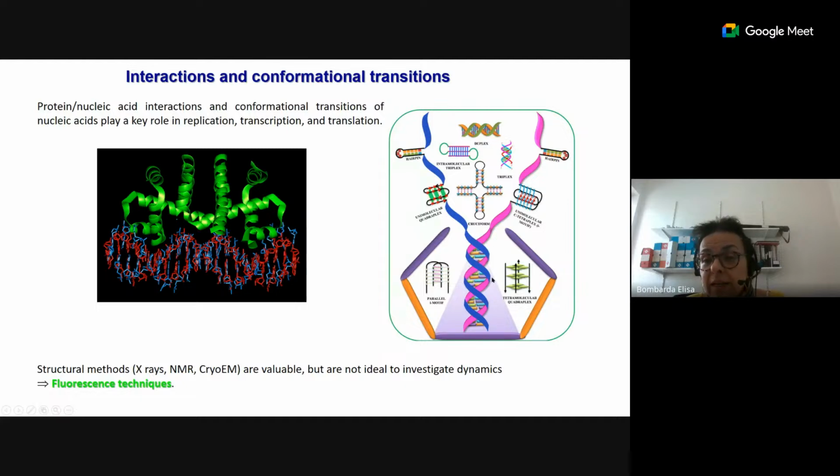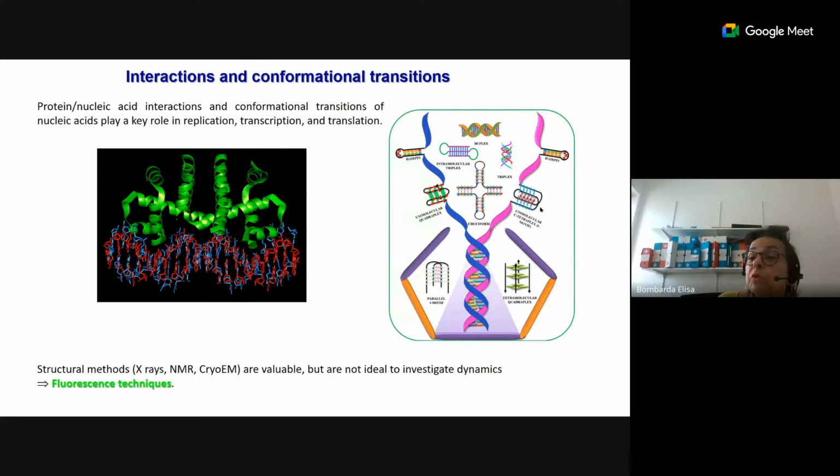There is the typical double helix, but you can have cruciform, triplex, hairpin, and quadruplex, and all these structures have a function in biology.